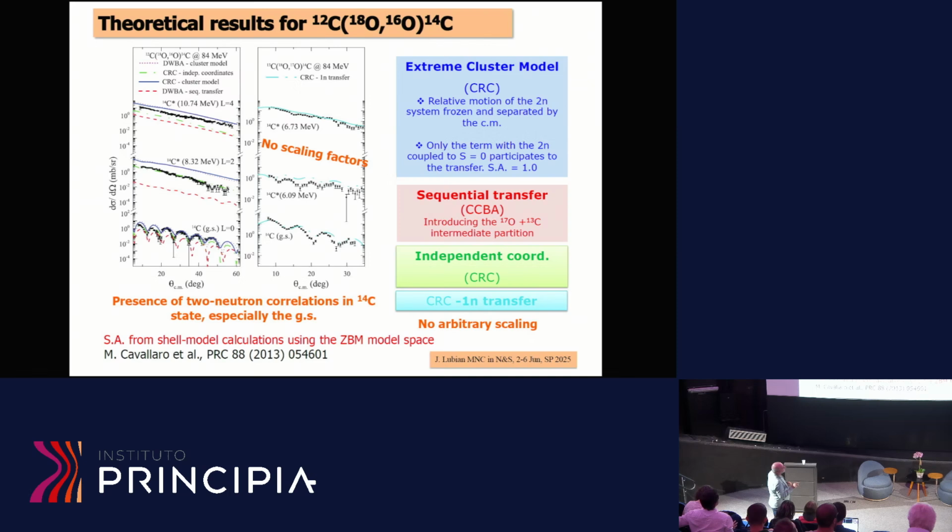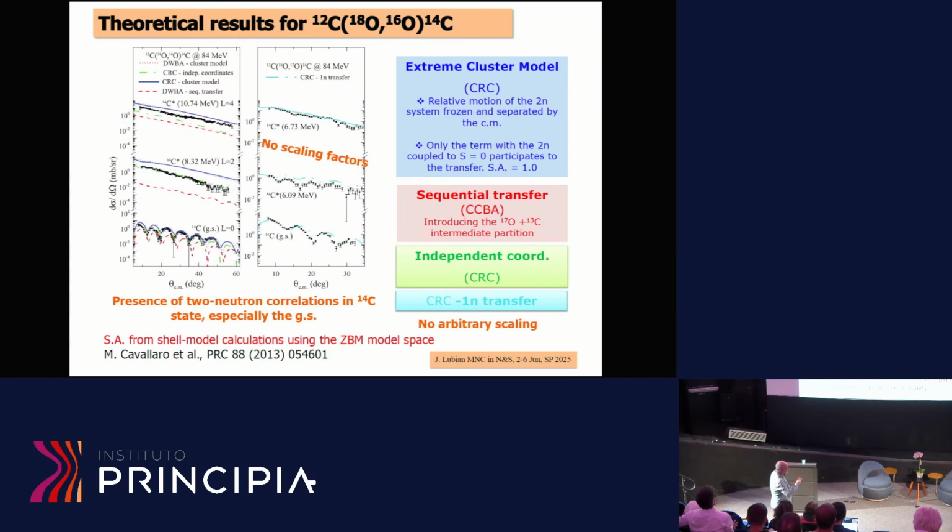The second one is the CCBA method, that is for the sequential transfer. You pass through the intermediate partitions, so you consider to infinite order the couplings in the initial partition, but the transition between different partitions is through the distorted wave Born approximation. And the independent coordinate method, in this case, you also transfer the two neutrons in one step, but you consider the coordinates and the quantum numbers of each particle.